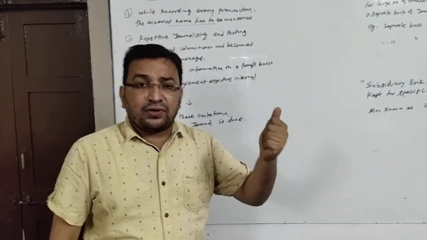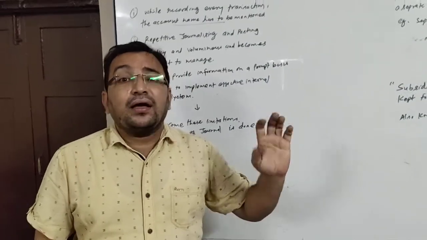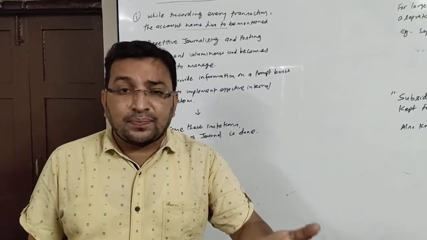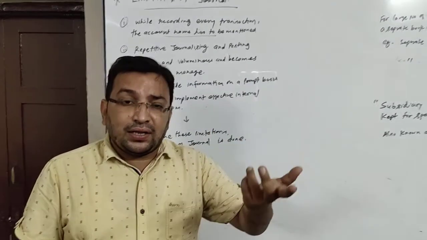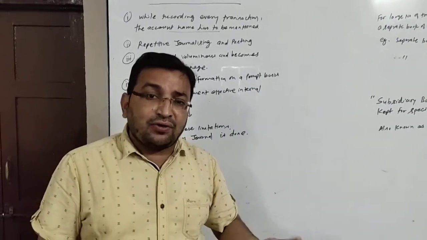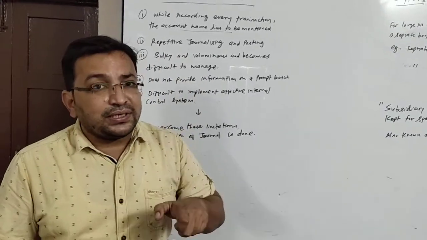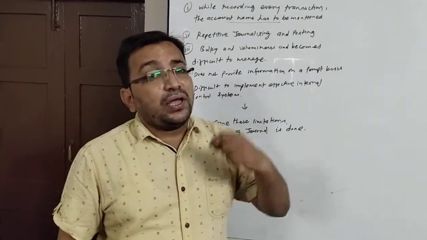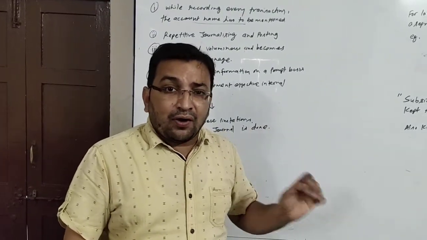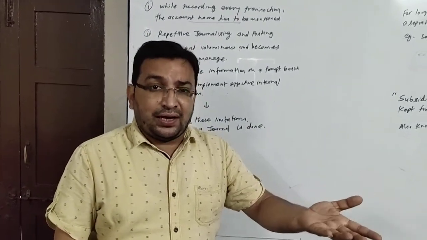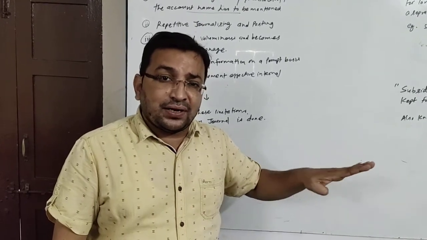Suppose purchase account, cash account, we are writing. Next transaction, again suppose cash account is affected, we are writing that cash account. In another transaction, again purchase account is affected, we are writing purchase account. So each and every time with the new transaction, if any old account is affected, we have to write it again, which we have already mentioned in our journal.